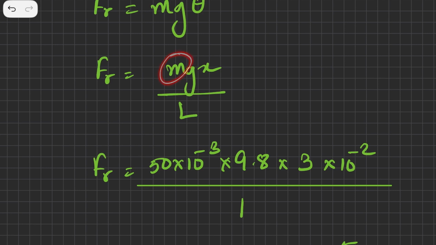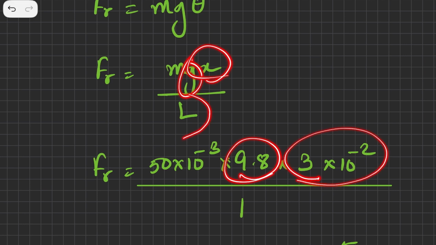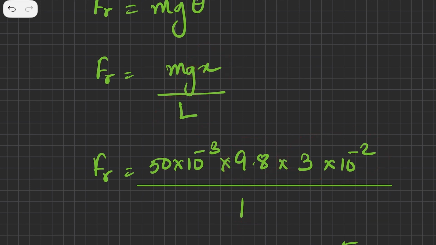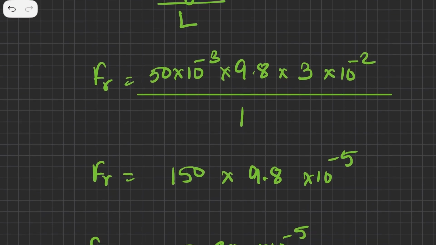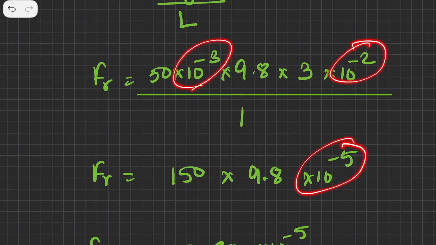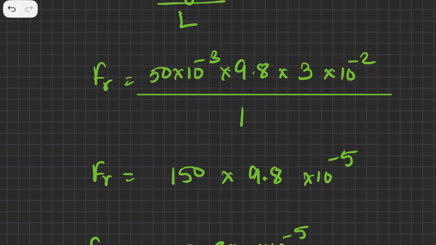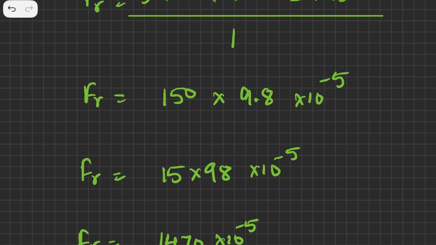So I'll put the mass as 50 into 10 raised to minus 3, g as 9.8, displacement as 3 into 10 raised to minus 2, and length is given as 1 meter. So I put all the values. Then this 10 raised to minus 3 and this 10 raised to minus 2 will become 10 raised to minus 5. You just have to add them up, and then 50 threes is 150, so this is 150.